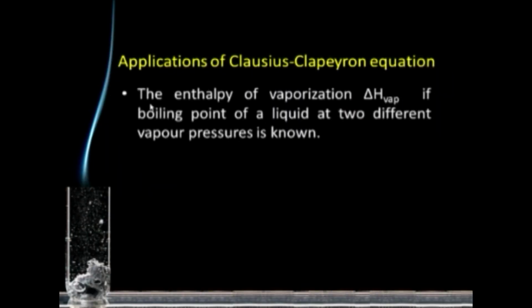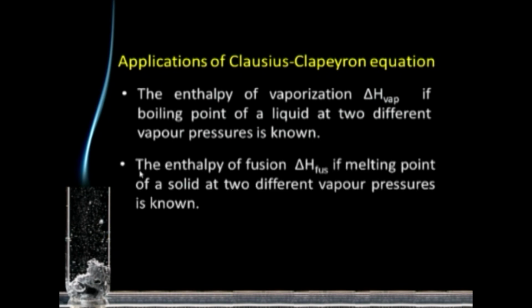It is possible to find out the enthalpy of vaporization delta H vapor if the boiling point of a liquid at two different vapor pressures is known. It is also possible for us to estimate the enthalpy of fusion, that is delta H fusion, if melting point of a solid at two different vapor pressures is known.